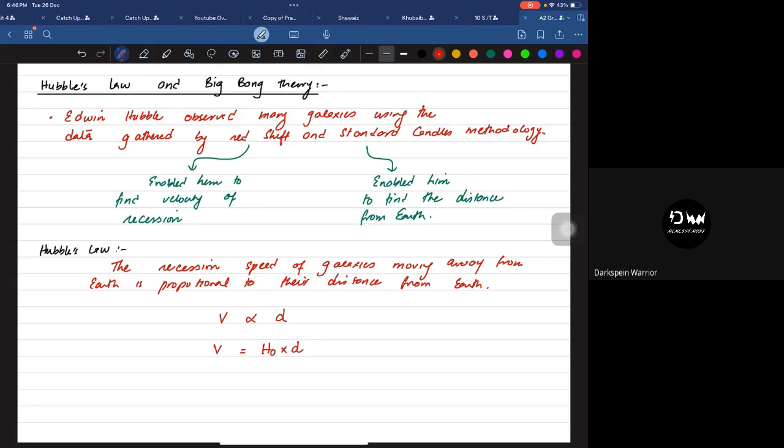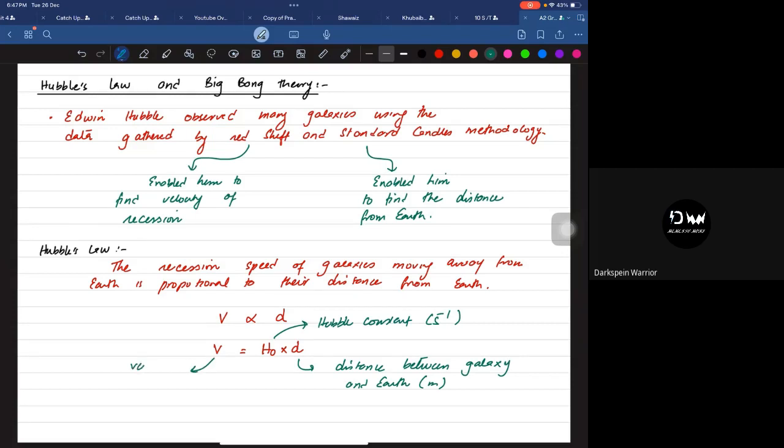Hubble constant is this H naught. It is measured in second minus 1. They will give you this themselves. And the distance between galaxy and Earth is d, obviously measured in meters.